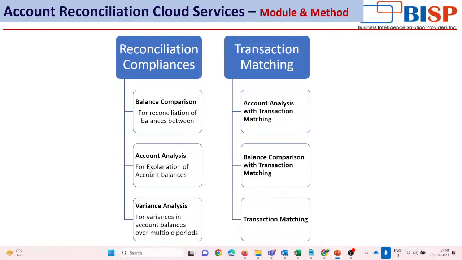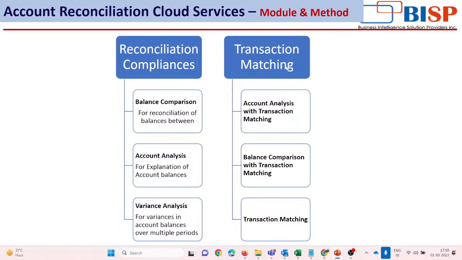Account analysis means we do an in-depth analysis of a particular account. In variance analysis, we look at variances in account balances over multiple periods, comparing a particular balance across multiple periods. So these three are the reconciliation compliance methods.